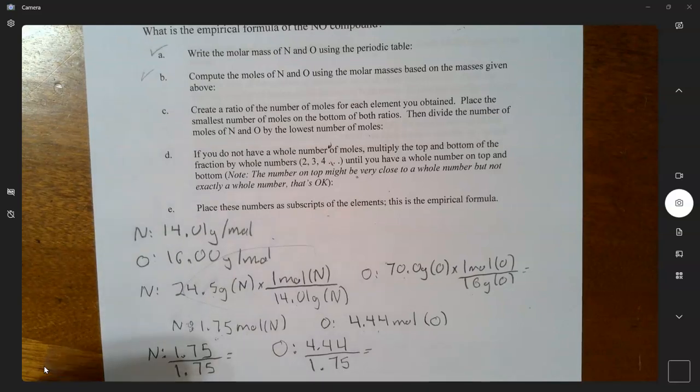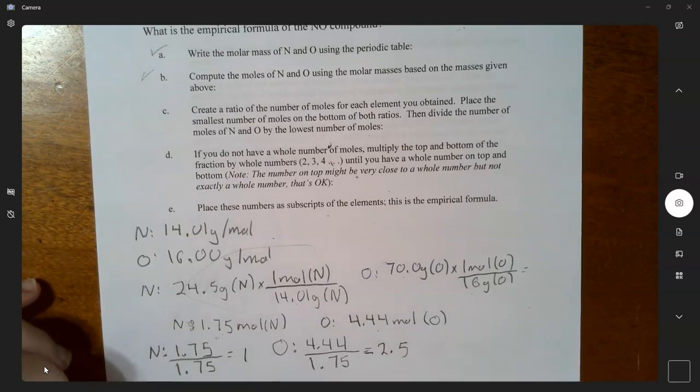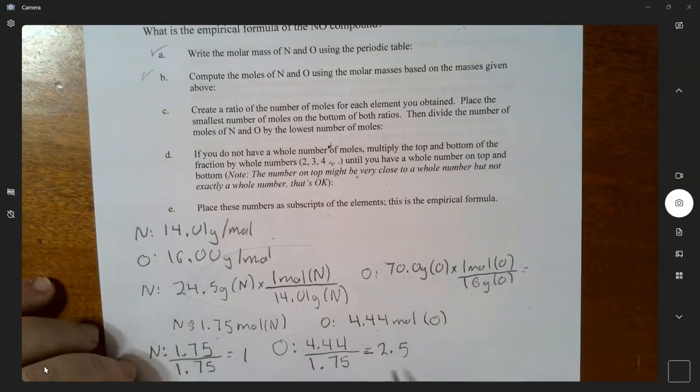And if we do that, we get 2.5 and 1. Okay, so we have to have whole numbers, so we're going to have to multiply that by 2.